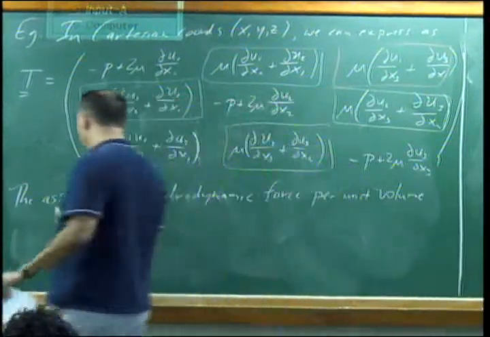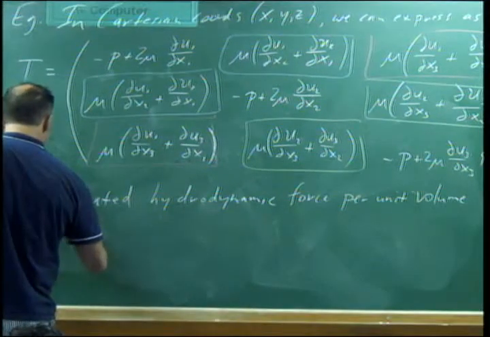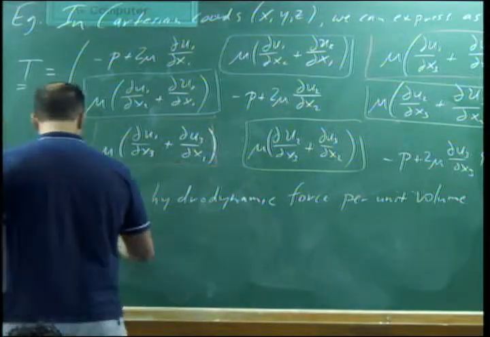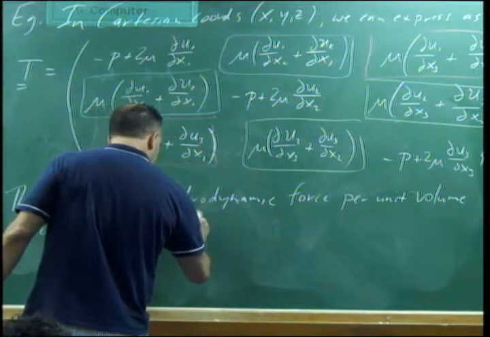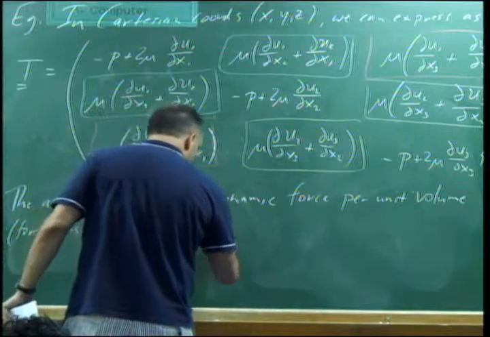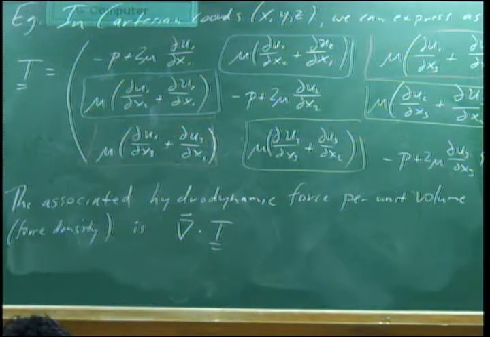We can think of the force density as simply the divergence of the stress tensor. By taking the divergence of a tensor, we're going to get a vector.